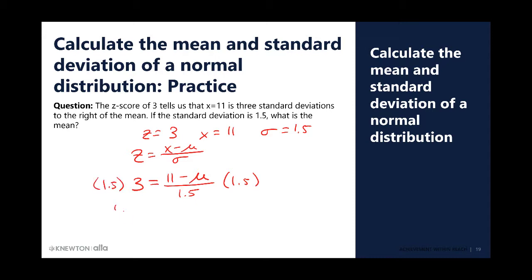So we get that 4.5 on the left side is equal to 11 minus the mean. We add our mean and subtract 4.5. You get that the mean is equal to 11 minus 4.5, which is 6.5. So all I did there was I added my mu over and subtracted the 4.5.